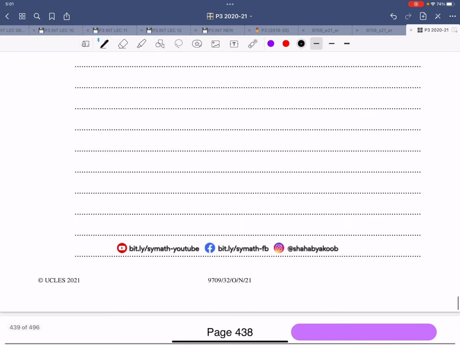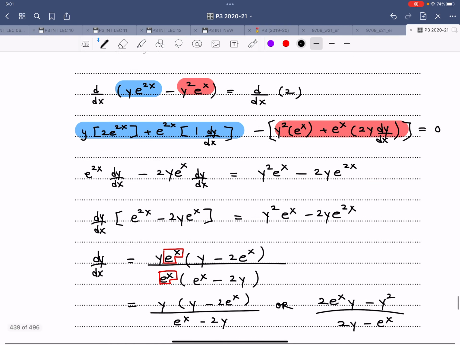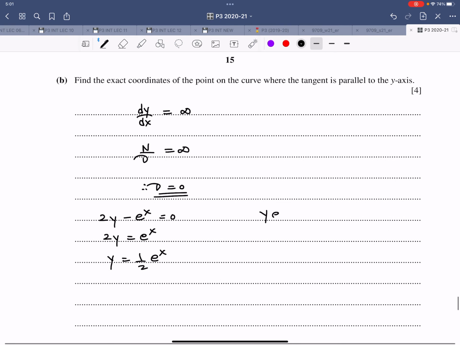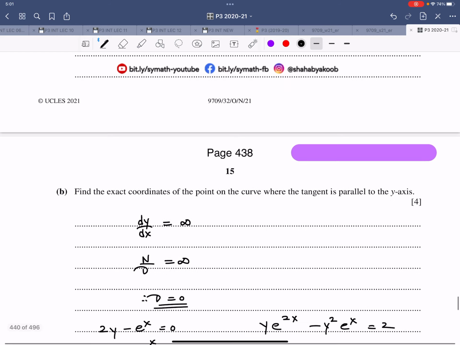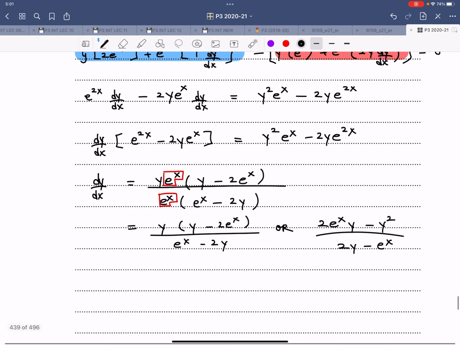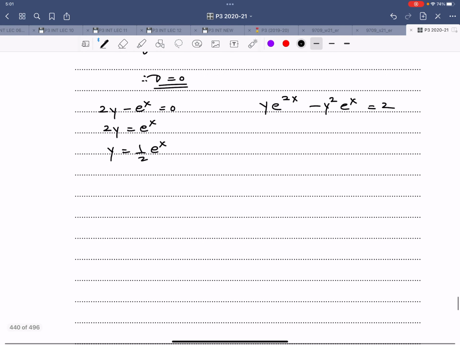Now solve it with the original equation: ye^(2x) minus y squared e^x equals 2. Now what should I substitute? Either I can substitute e^x, because what are they asking for?